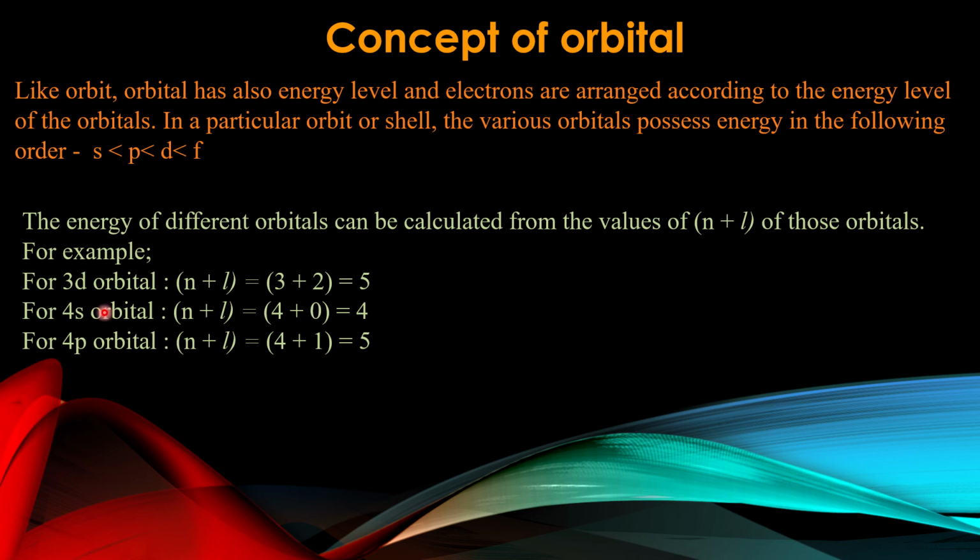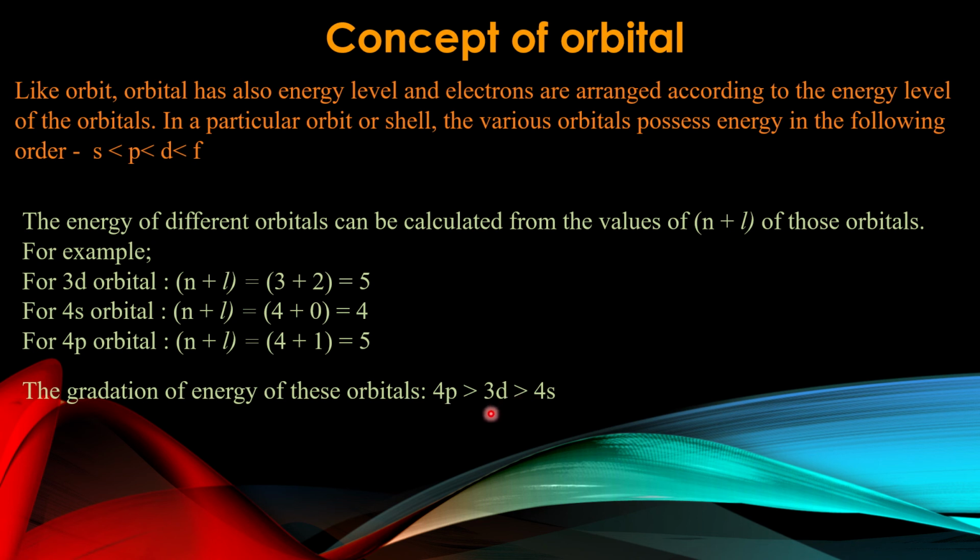That means here 3d and 4p have the same value of n plus L, so the energy of 4p is more than 3d because the value of n is more for 4p.